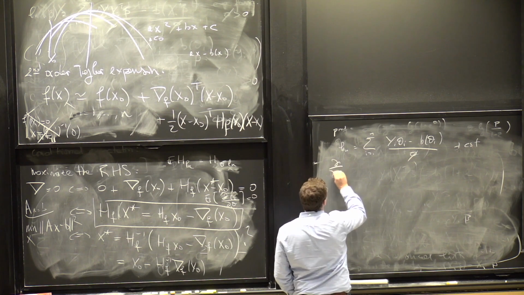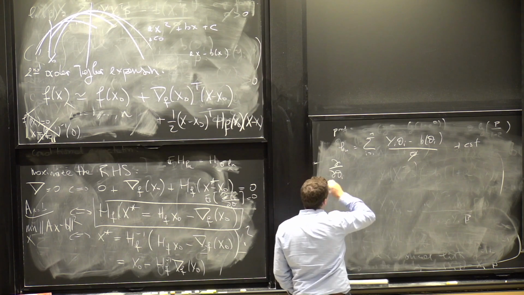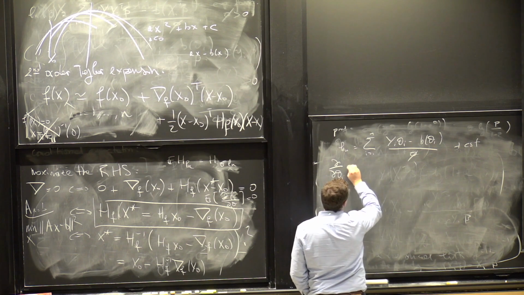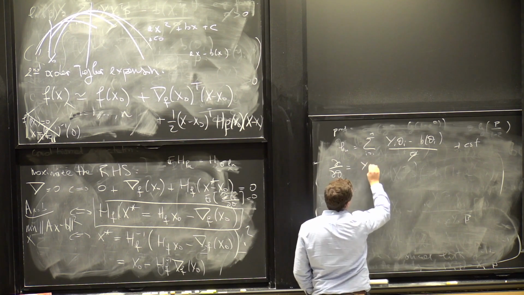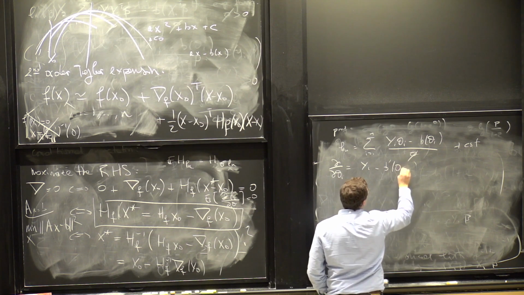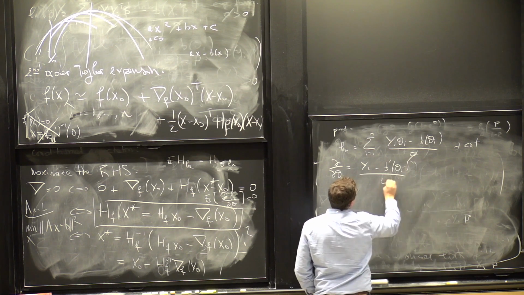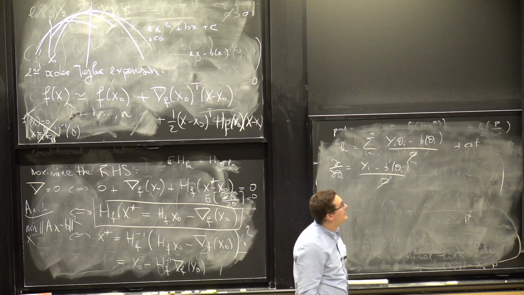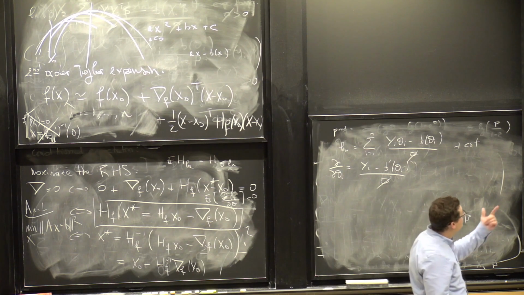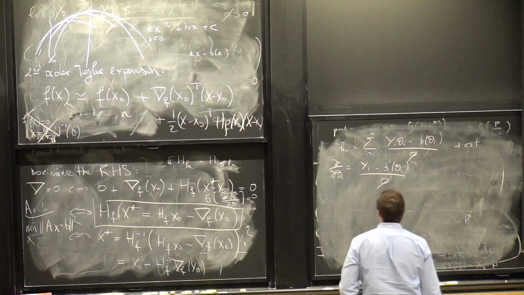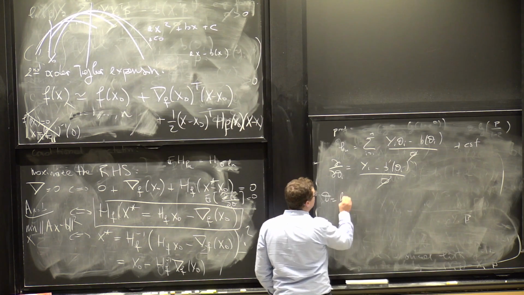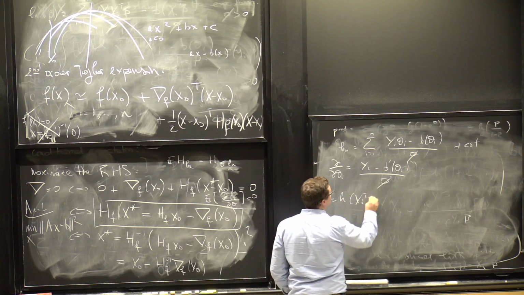So if I take the derivative with respect to theta i of this, it is actually going to be equal to yi minus b prime of theta i, divided by phi. And then I need to multiply by the derivative of theta i with respect to beta. And remember, theta is h of xi transpose beta.